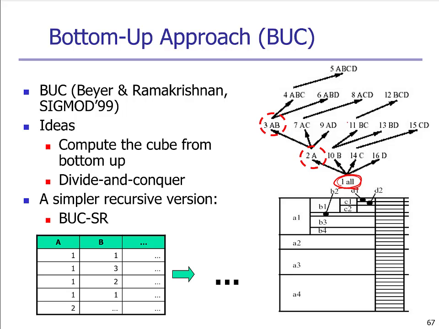So it looks like a bottom up because if you look at the code, we actually directly compute the whole lattice, or say the last level. But essentially, in order to compute this 0D, we need a 1D cuboid, and in order to compute 1D cuboid, we need a 2D cuboid, and so on and so forth.